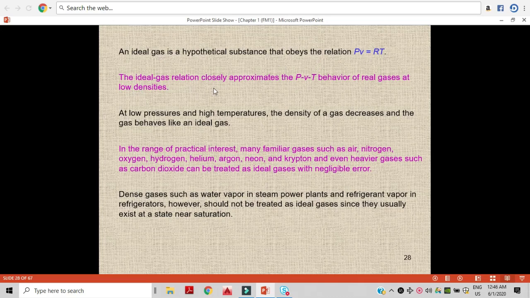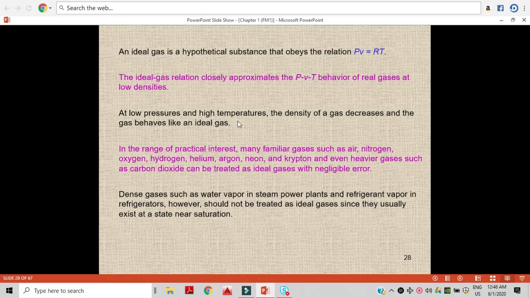The ideal gas relation closely approximates the PVT behavior of real gases at low densities. In the previous semester we studied thermodynamics, where we learned about the PVT diagram and the behavior of real gases, because real gases behave like an ideal gas at low densities. That we observed in the PVT diagram.